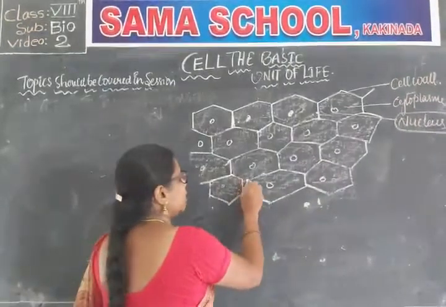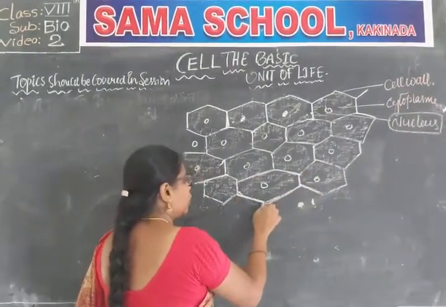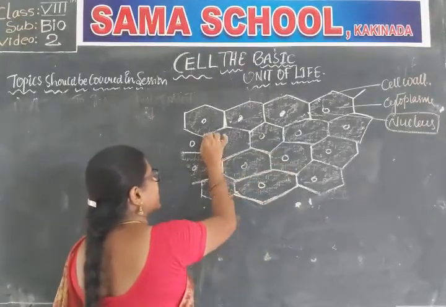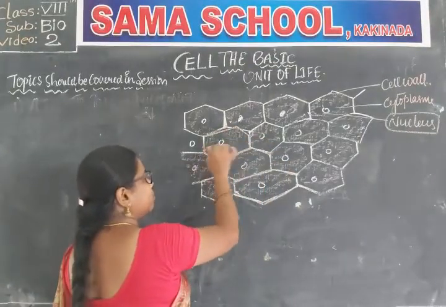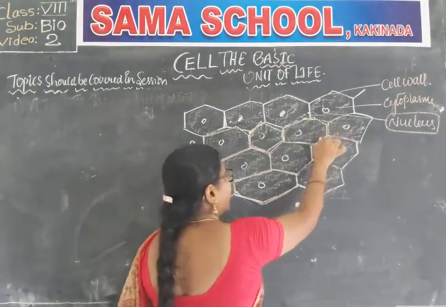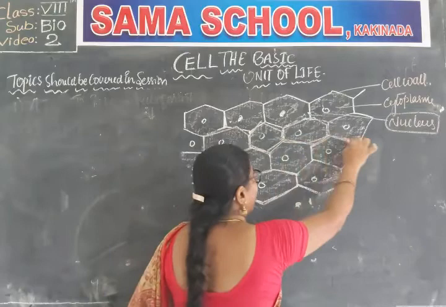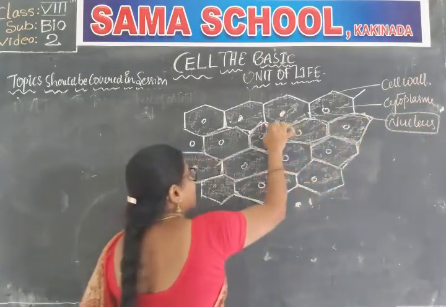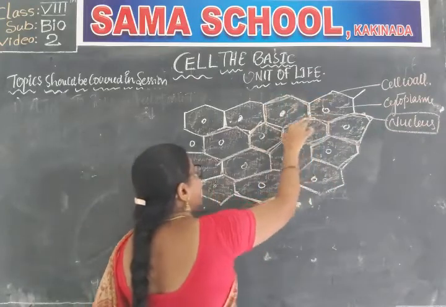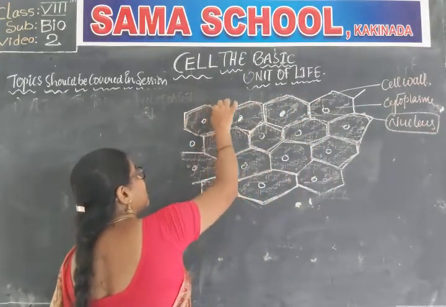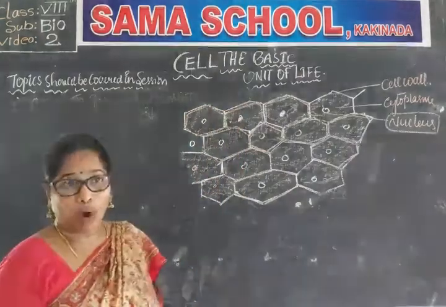So here you can see that you are seeing a well definite structure of the cells. Please listen to my version. Well definite structures you can see, which you are not able to see in animal cells, that is in cheek cells of human beings. Why? Because in human cells there is no cell wall.